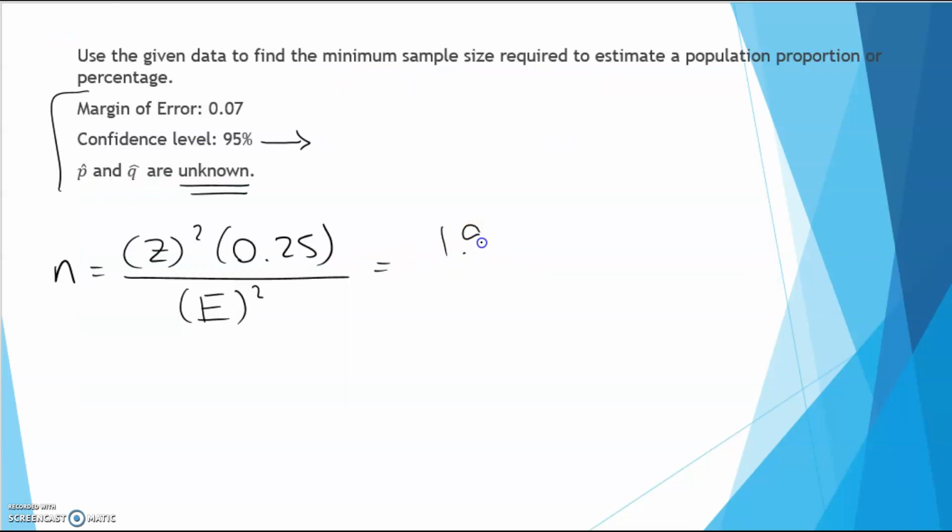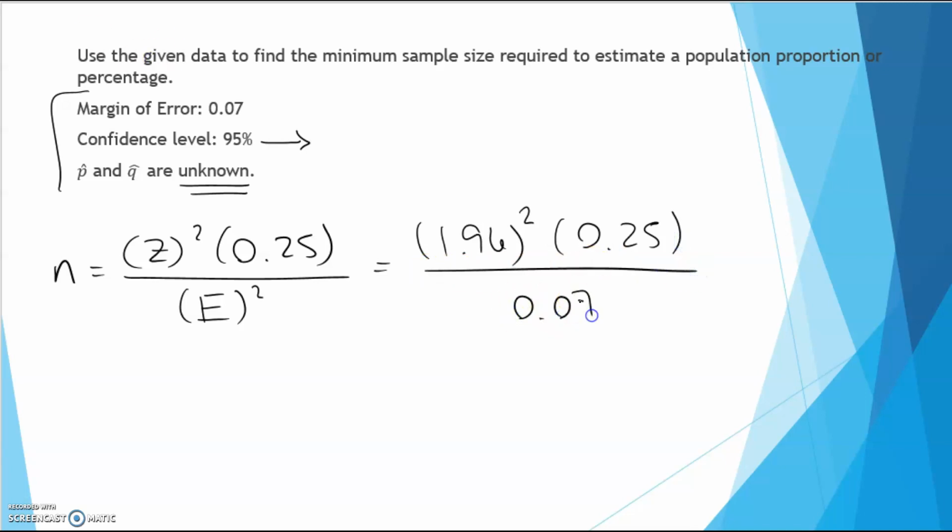Okay, so 1.96 squared times 0.25 divided by 0.07 squared. This comes out to exactly 196. So your minimum sample that you need to have these requirements met is 196.